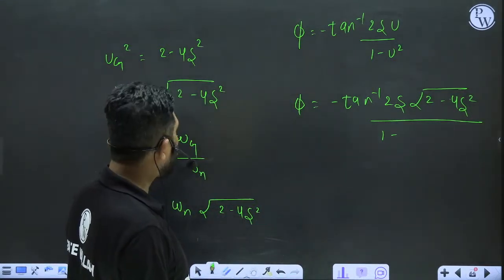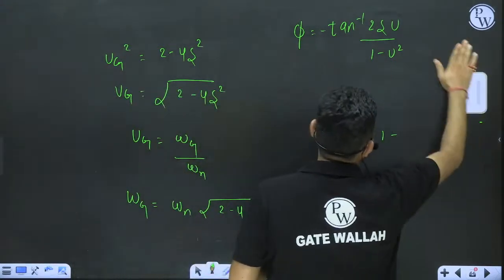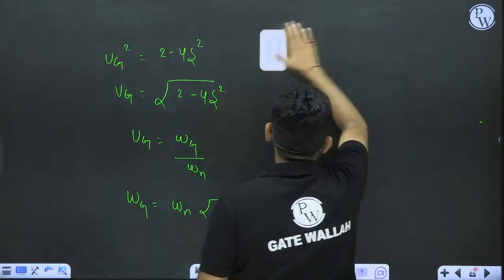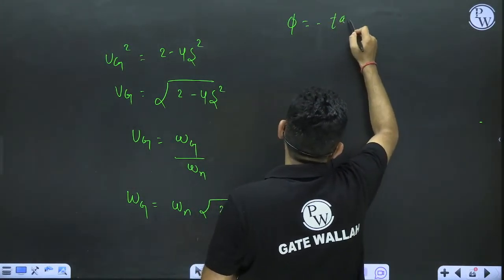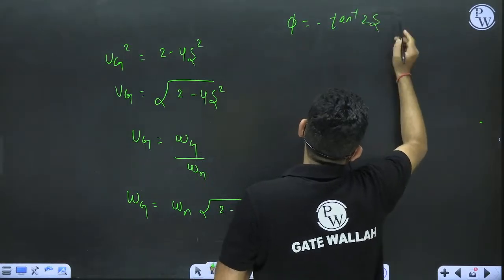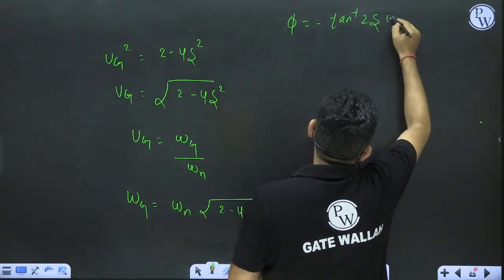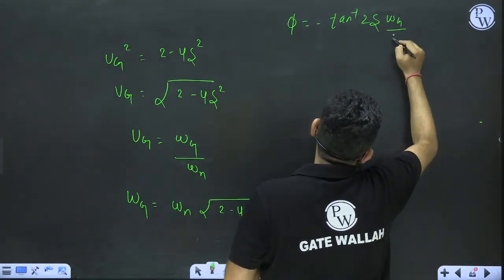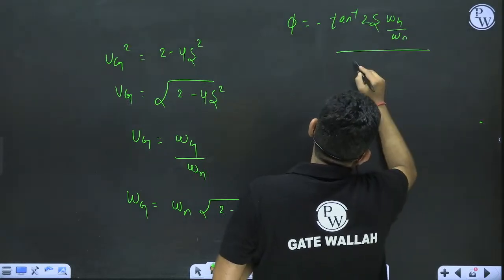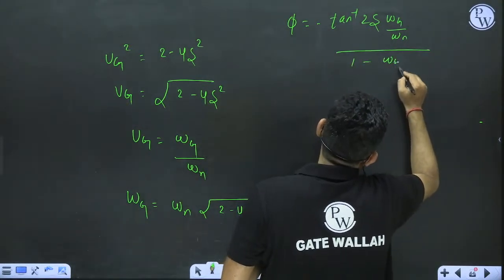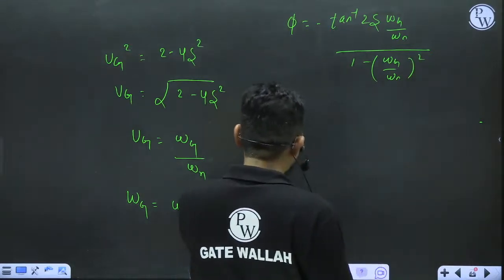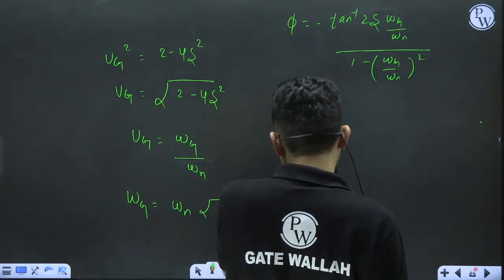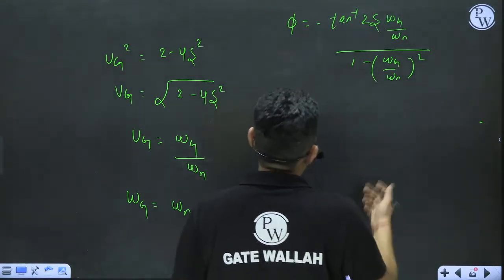Will it make a difference? Instead of u, let me write it this way: phi is equal to minus tan inverse of 2 zeta times omega g by omega n upon 1 minus omega g by omega n whole square. Check it. So it will not make a difference.